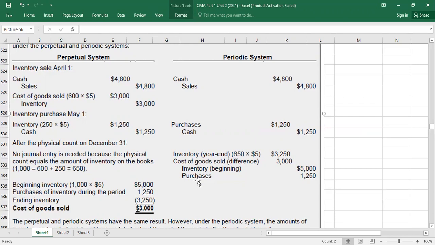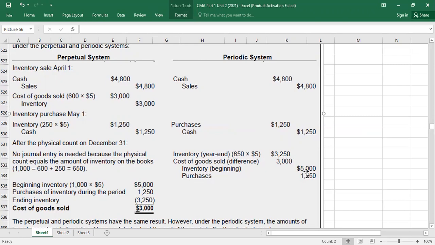Usually purchases is debit, so to close it we make it credit, and the value under the purchases account was 1250. You can look at it in the entry. We will also credit beginning inventory with 5000, because usually beginning inventory is debit, so once we transfer it to the cost of goods sold, we credit it.